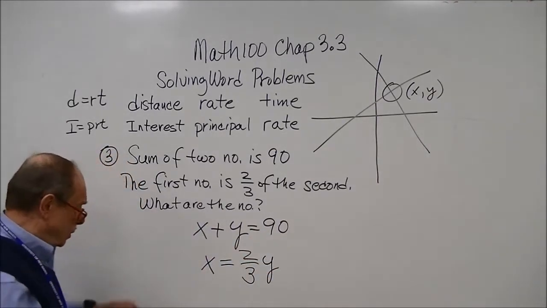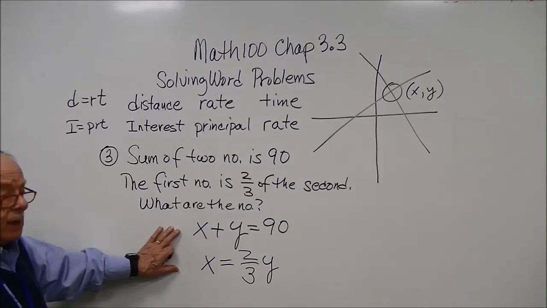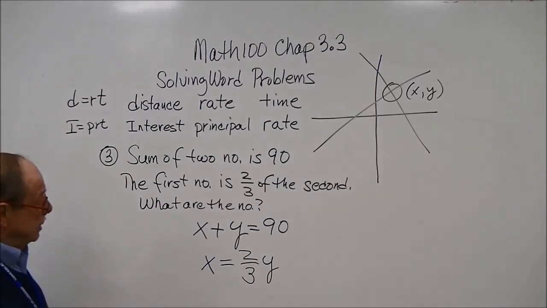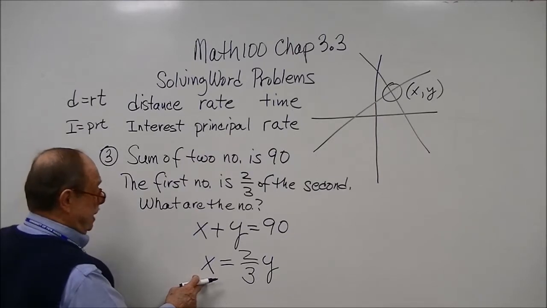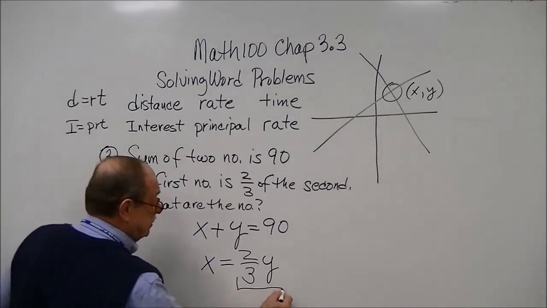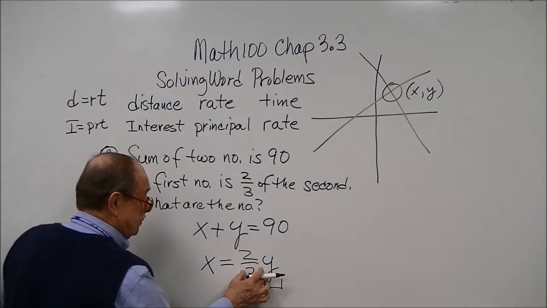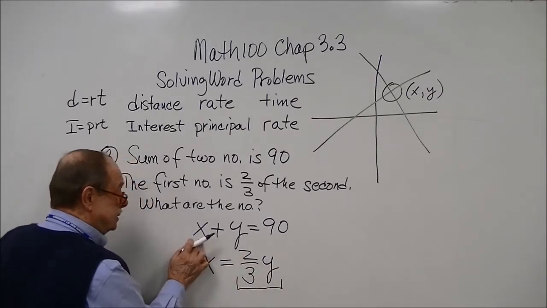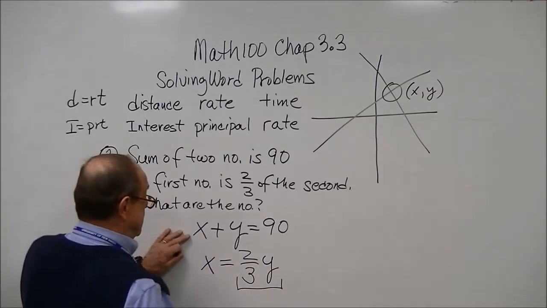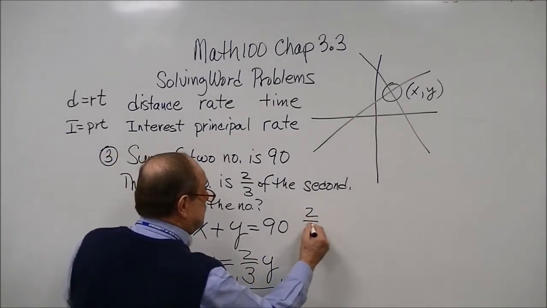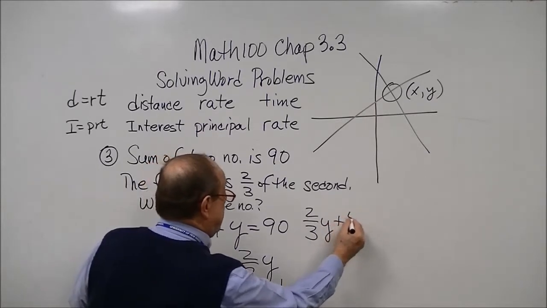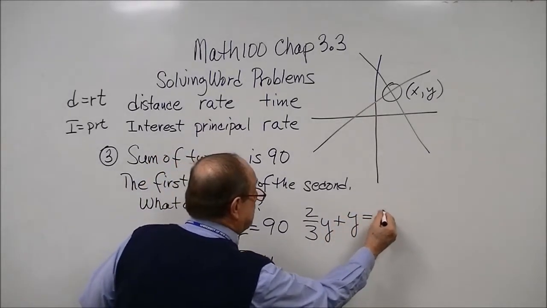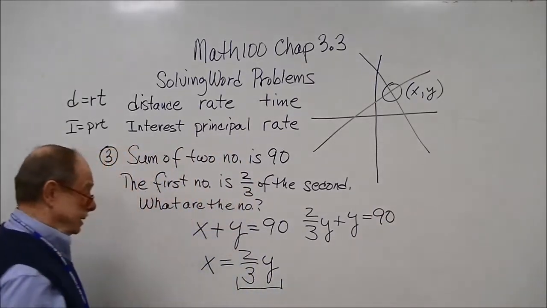And you might say, well, what technique would I use here to solve this? Think about it for a moment. Substitution, yes. Because you can put this value of x in terms of y into the first equation. So the first equation now becomes 2/3 y plus y equals 90.